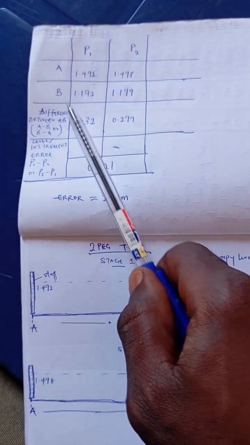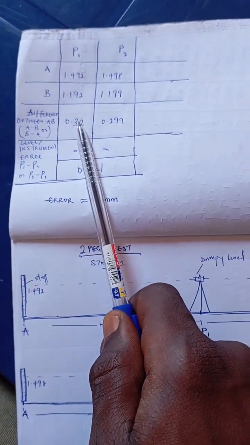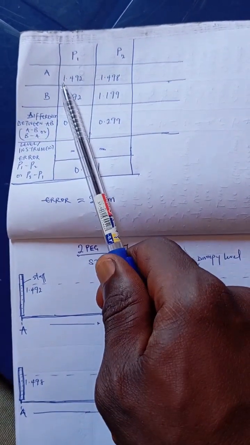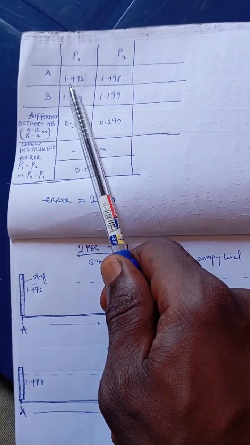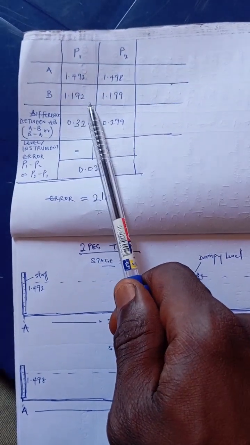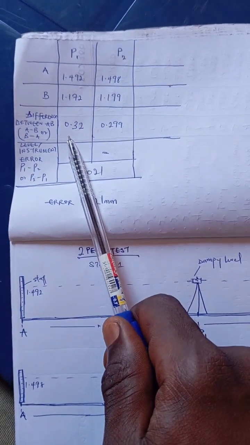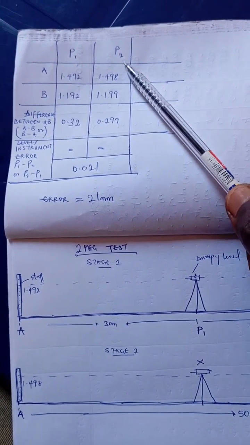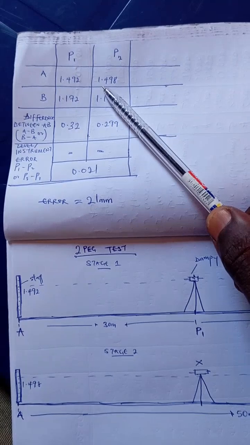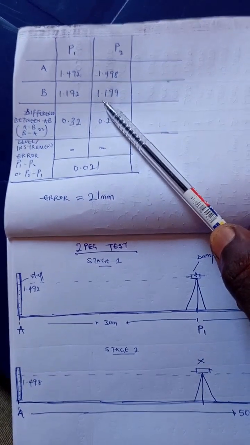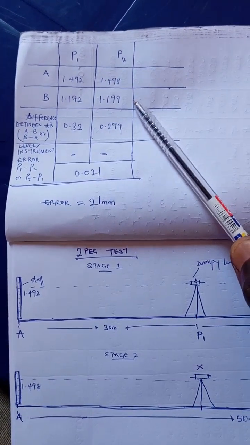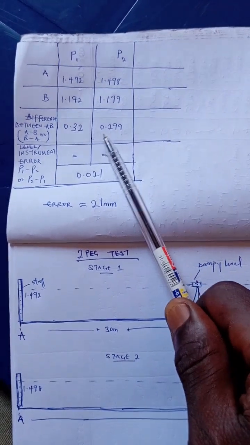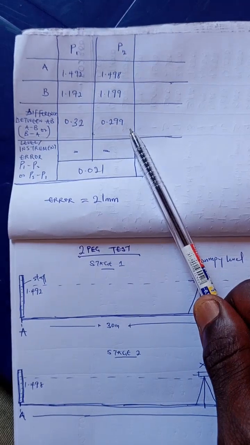So my difference now was 0.32. If I check the difference between 1.492 and 1.172, it's 0.32. And then at my second station, point 2, which is 1.498 minus 1.199, I got 0.299.